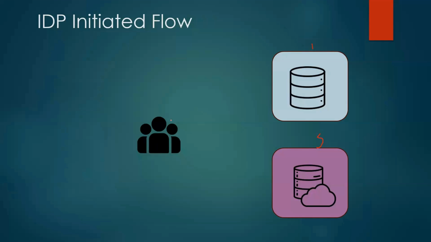Sometimes the application does not support SP initiated, or the other way, in which the user will be given a long or short URL, which will be the IDP's URL. You are simply giving the URL. If I am asking you to hit www.google.com, will you go to YouTube?